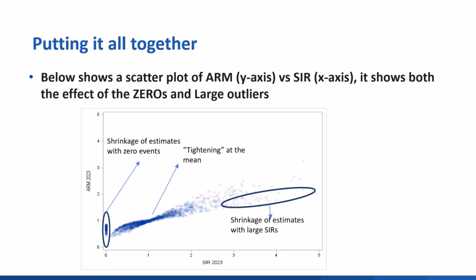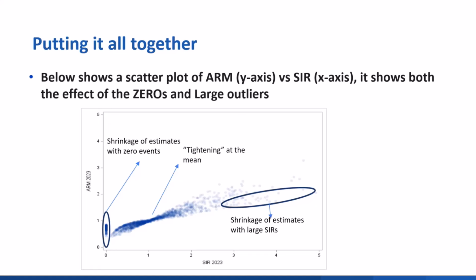It's an up and down vertical oval, and there's a line of dots going up and down. This is a collection of hospitals that have 0 as their SIR. They have 0 events. And the amount they're getting pulled up to the middle is going to depend on their exposure. So the higher the exposure, the more they stay low, and the lower the exposure, the more they get pulled up.